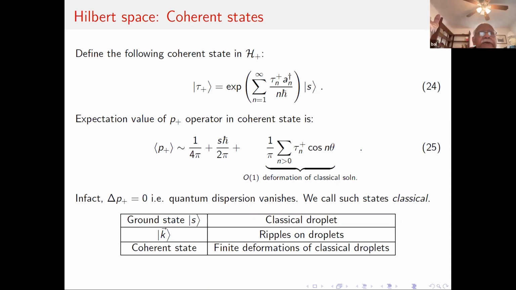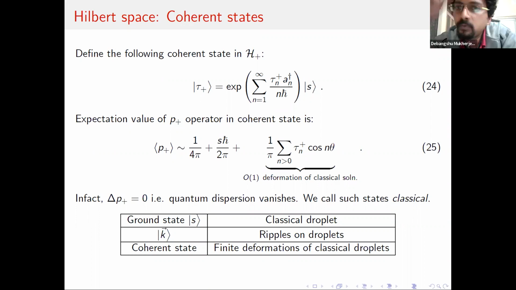I was trying to do it in my head, but I may be wrong. Normally you write z a dagger, and z is not allowed to become 1 all over the place. The scalar product involves the exponential of minus mod z squared, mode by mode. So the sum over i of mod z_i squared will converge if z_i is less than 1. But is it equal to 1? I am not clear that that object is well defined.